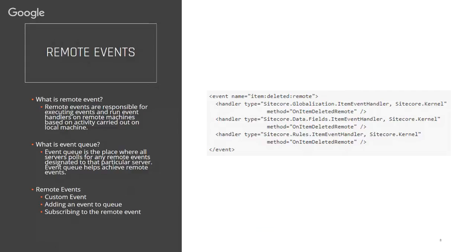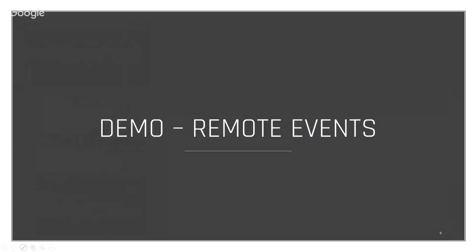So in comparison to a local event, these two steps are additional: one is adding the event to the queue instead of raising the event, and the other is subscribing to remote events, where all your remote servers need to be subscribed to that event to execute it. Let's see how it works in real time.